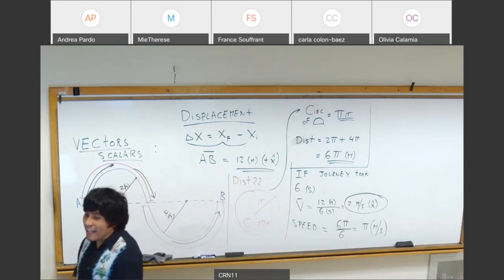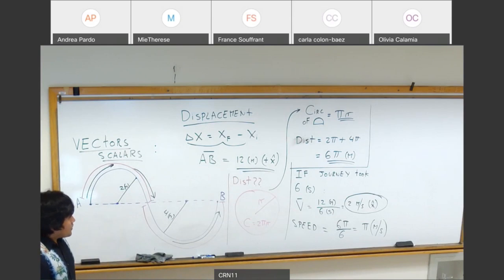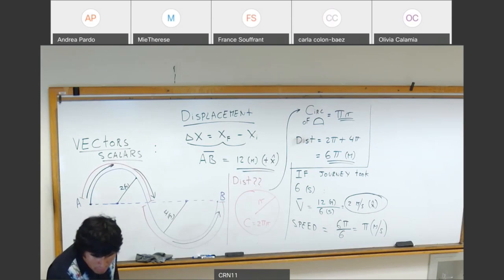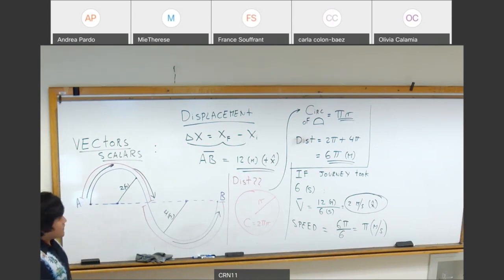So the speed was greater than the velocity because of the difference between the displacement and the distance. Are there any questions about the definitions of distance, displacement? No questions? You're good? So that's a nice example where you can actually visualize the difference between distance and displacement.